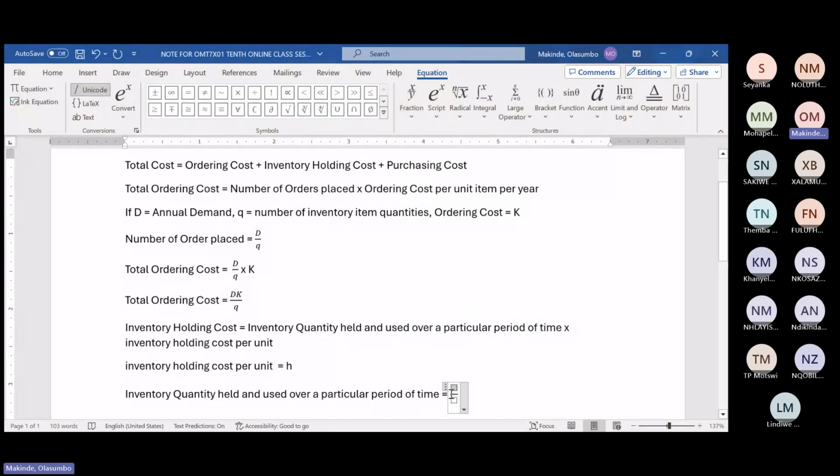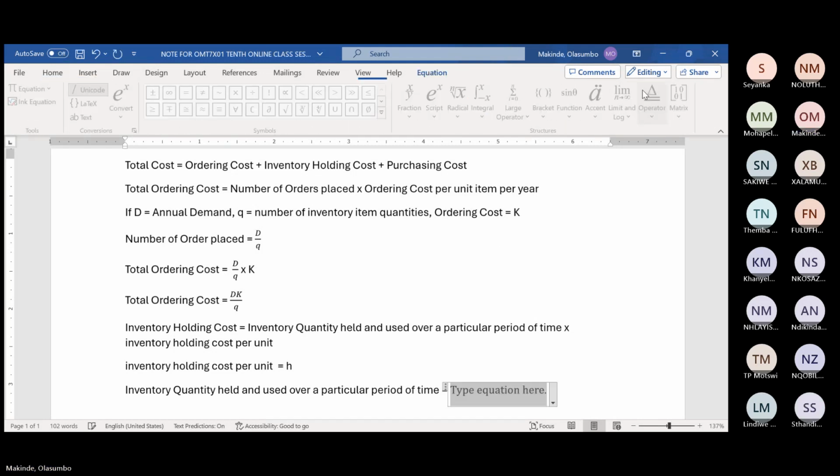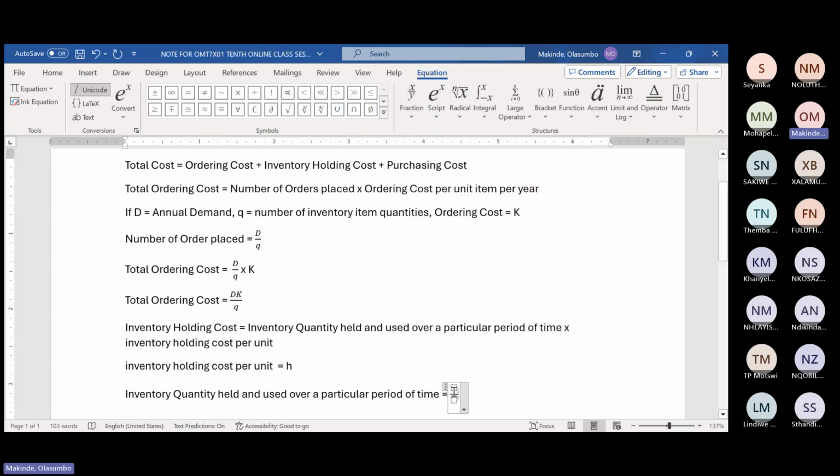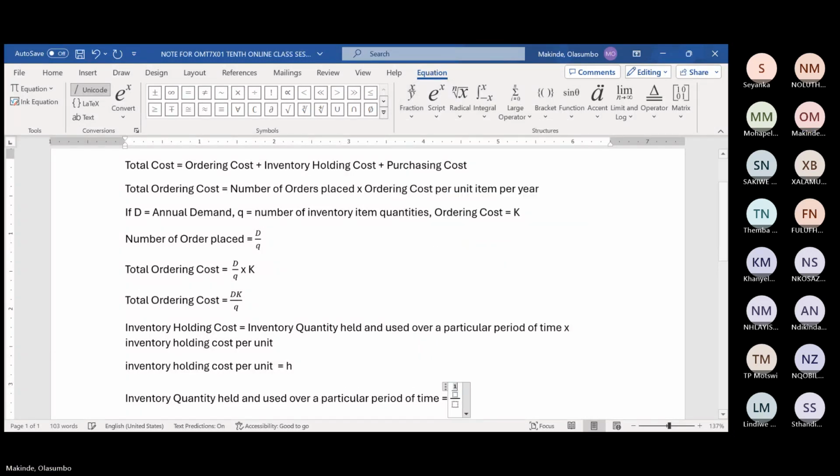So that will give you half, because it's half base times height, and based on what I've explained, half times base, which was T, times Q. This helps you find the area where you consume the inventory, which is that triangle.